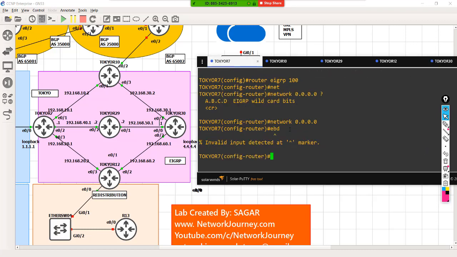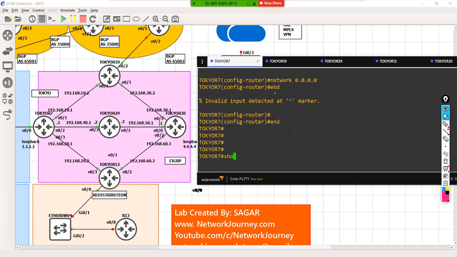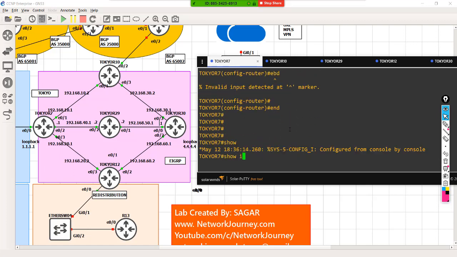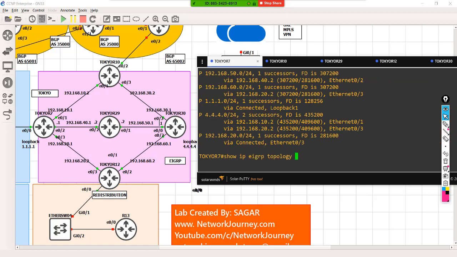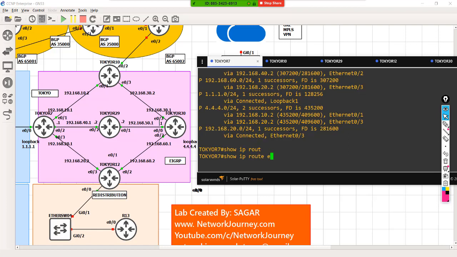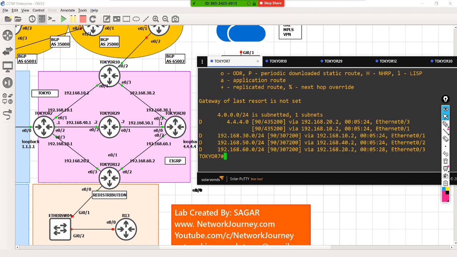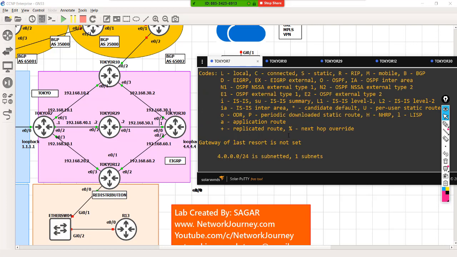So how do we see the three tables of EIGRP? It's show ip eigrp neighbors, and we have show ip eigrp topology, and we can go with show ip route eigrp. So these are the three tables that we discussed in today's class.